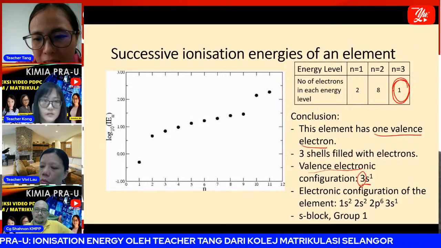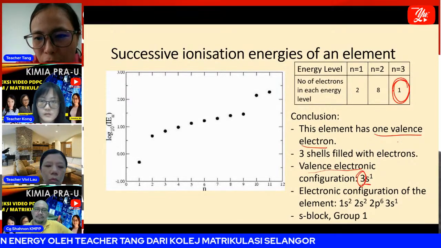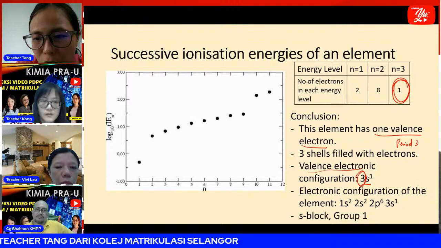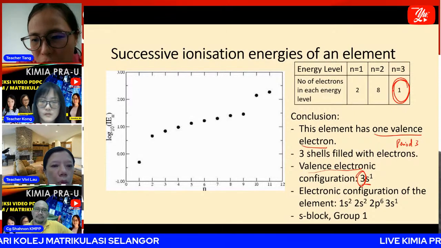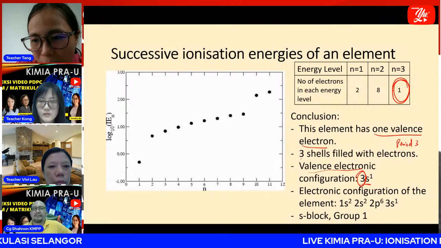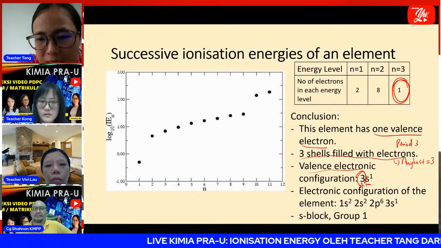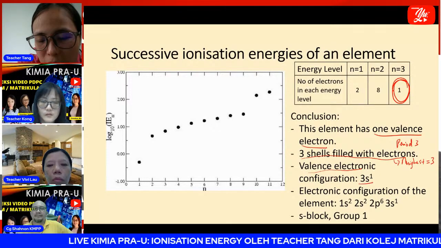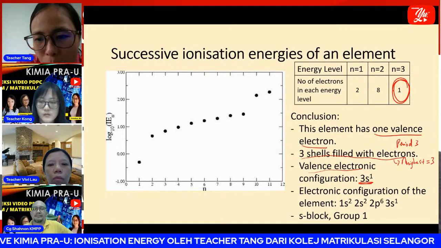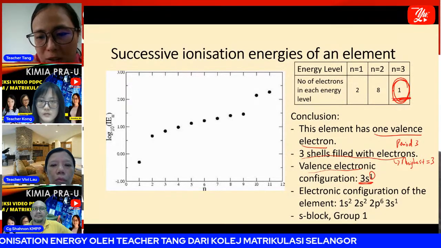The 3 is because it is in period 3, with 3 shells filled with electrons. Therefore, the highest principal quantum number is n equals 3. The valence electronic configuration is 3s1, and the 1 is because of 1 valence electron.